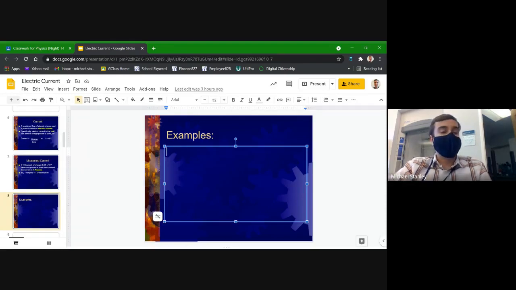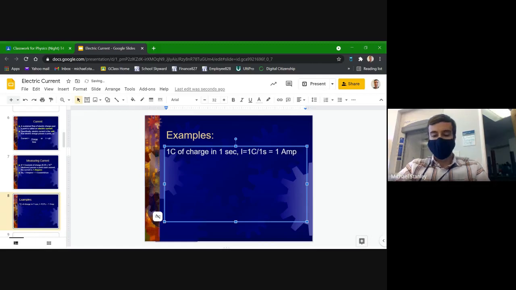So, like I said, if we have 1 coulomb of charge in 1 second, remember our current is equal to charge divided by time. So that is 1 amp. Amp is also sometimes just written as A.